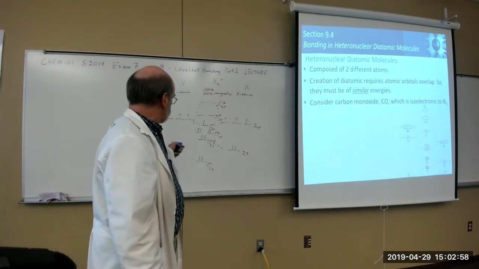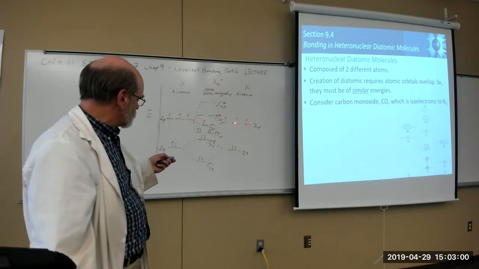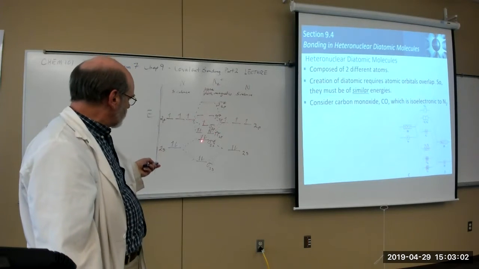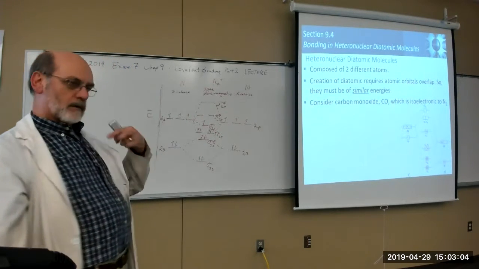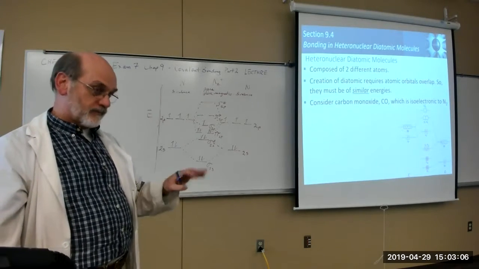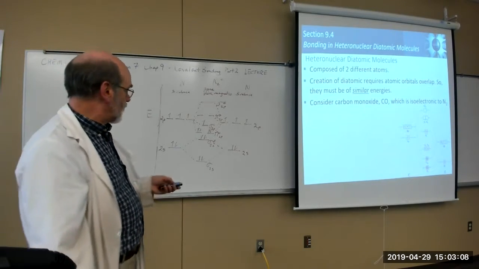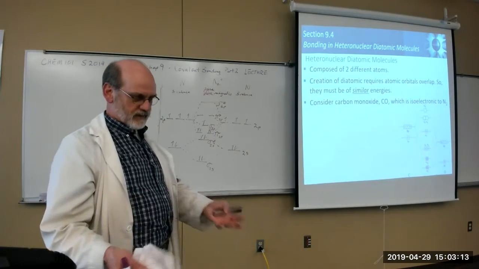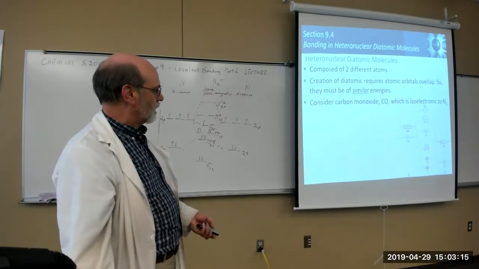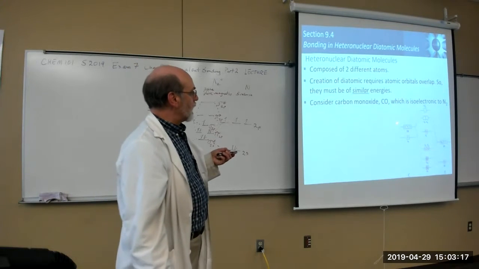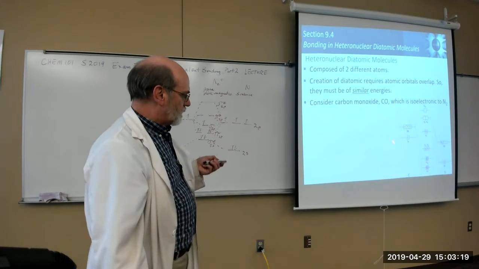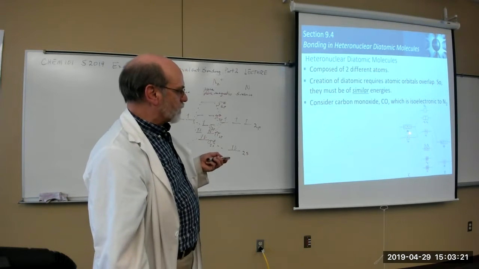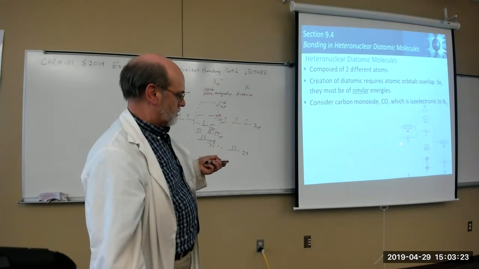With the homonuclears, we're starting off at the same energies here. So deriving energy levels for the molecular orbitals is a fairly simple, straightforward procedure, as long as you take into account sp mixing if required. When we get to heteronuclear molecules, the starting energy levels are going to be much different.